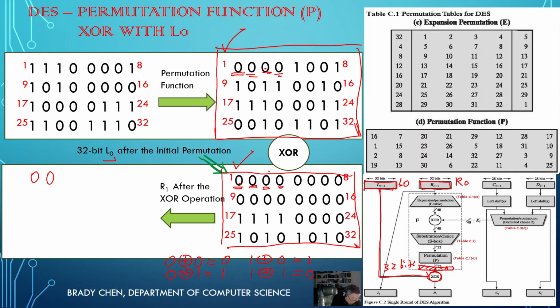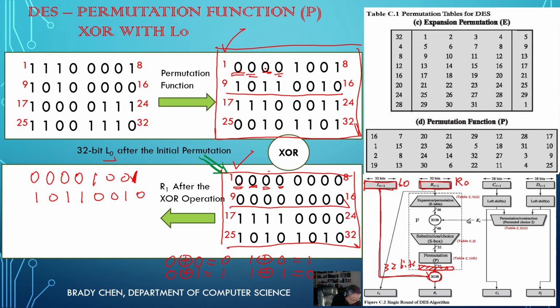We'll find out the first row is going to be 0, 0, 0, 1, 0, 0, 1. Now we look at the second row. After the exclusive OR, the result is going to be 1, 0, 1, 1, 0, 0, 1, 0.